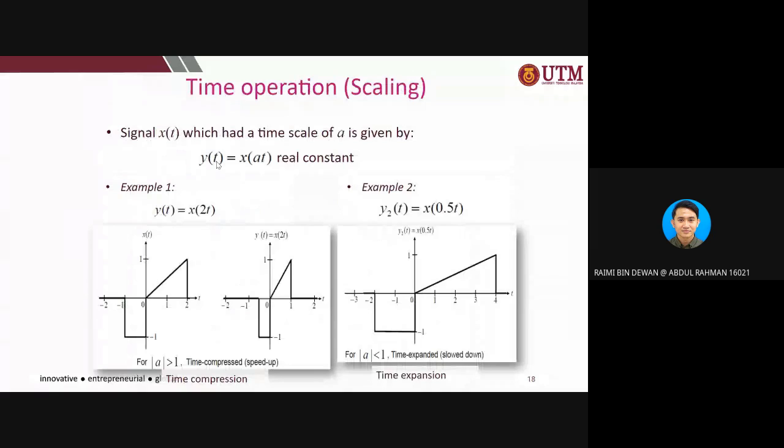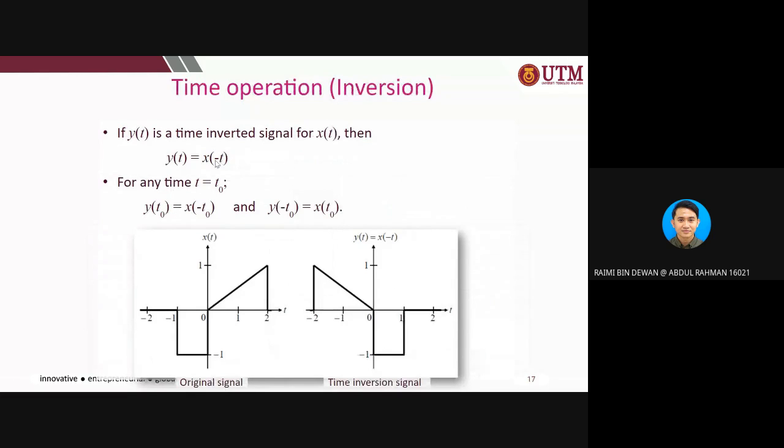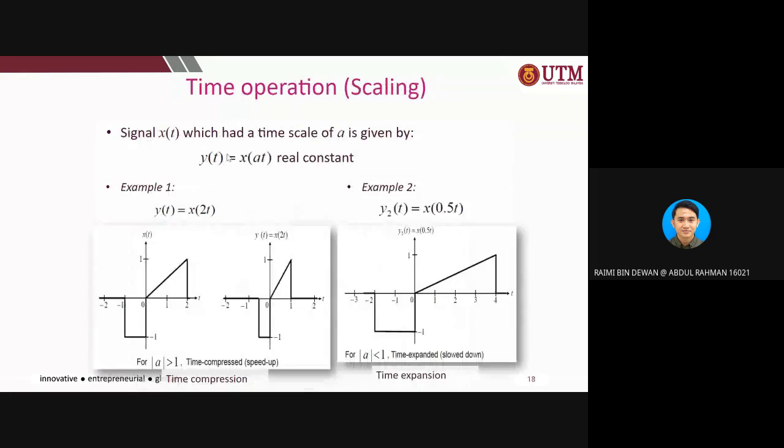For time scaling, we see at, and we only consider the magnitude of a, which is the modulus, so it's always positive, because we have considered the negative or positive condition in time inversion. And of course, our a is a real constant.